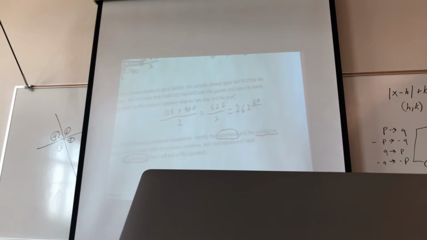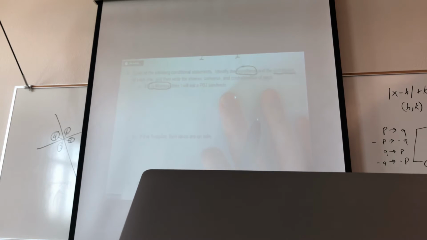The hypothesis always goes with the if statement, and it does not include the word if. So it is Monday is my hypothesis, and I will eat a peanut butter and jelly sandwich is my conclusion. In case you didn't know what PBJ is, it's peanut butter and jelly. Grape for preference, but you do what you want.